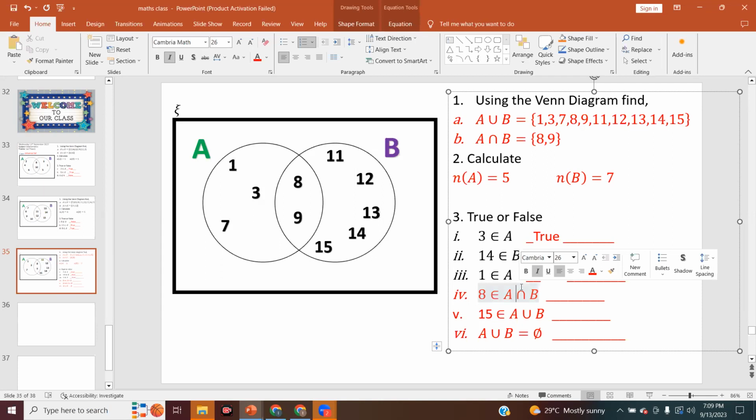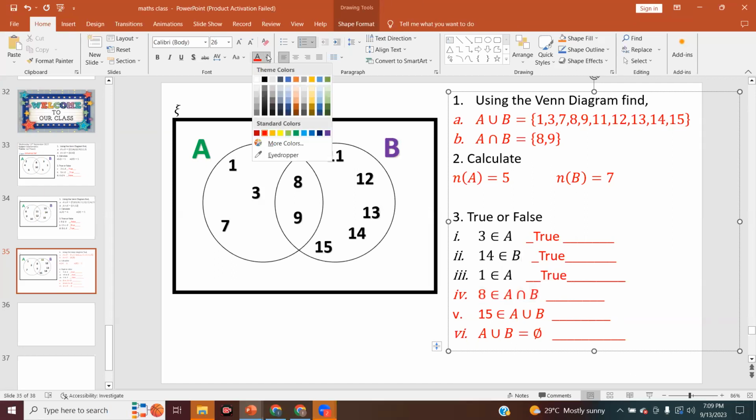Oh boy. Now time for the bonus. Let me see who got this. 8 is an element of the intersection of A and B. Is that true or false? Some say false, some say true.